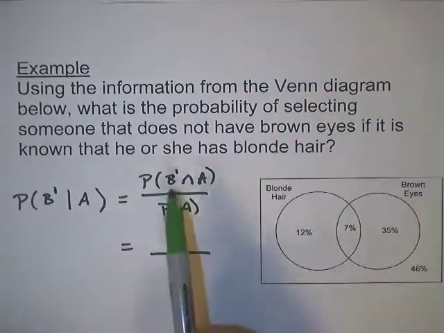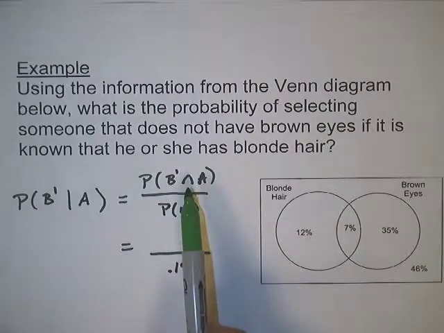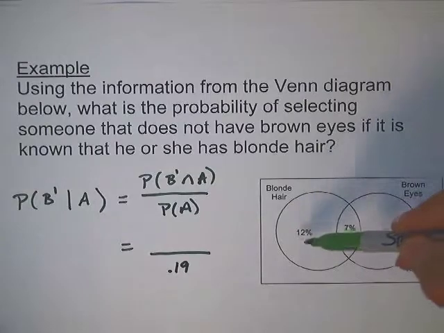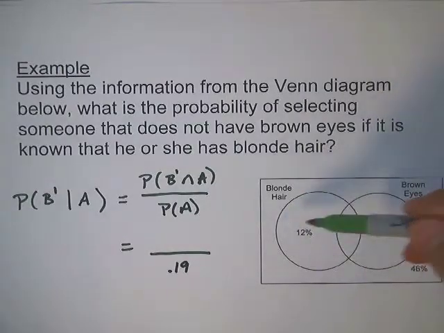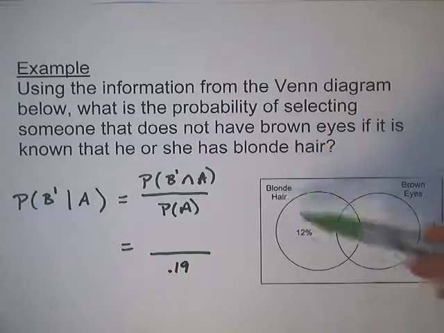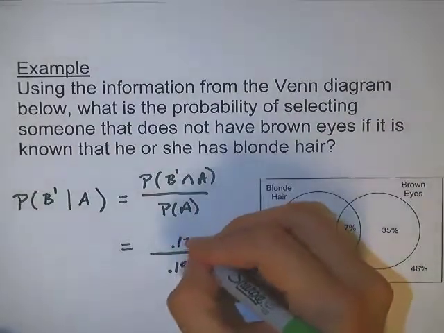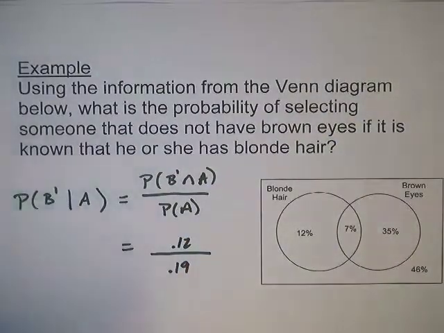Now the probability of somebody that does not have brown eyes but does have blonde hair is just going to be the 12%, because this 12% are people with blonde hair but that don't have brown eyes, because the brown-eyed people are in this region. So it's going to end up being 0.12 divided by 0.19.